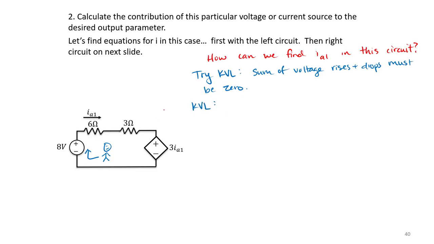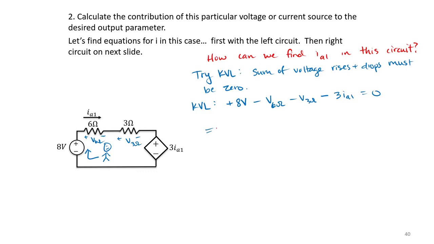Kirchhoff's voltage law tells us that we have plus 8 volts minus the voltage across our 6 ohm resistor, minus the voltage across the 3 ohm resistor, minus the voltage across our dependent source, which is 3 IA1. That must sum to 0.